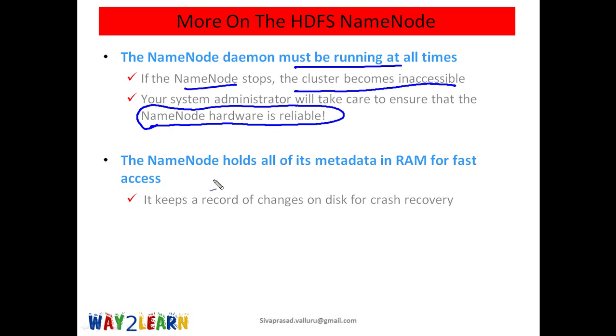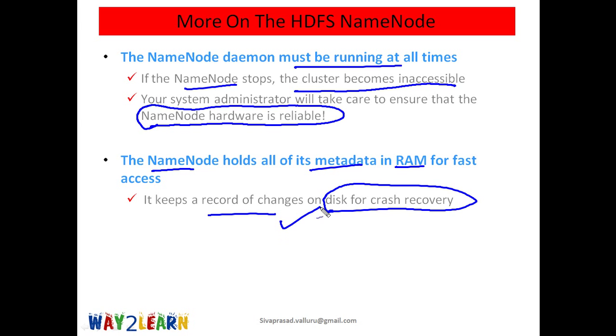For data nodes you can use commodity hardware, but NameNodes should have reliable hardware. NameNode will hold all of its metadata in RAM for fast access, and it keeps a record of changes on disk for crash recovery. We will discuss this in my next videos.